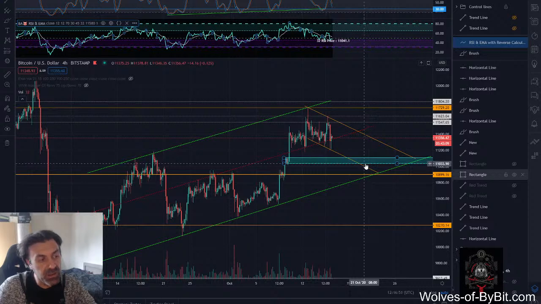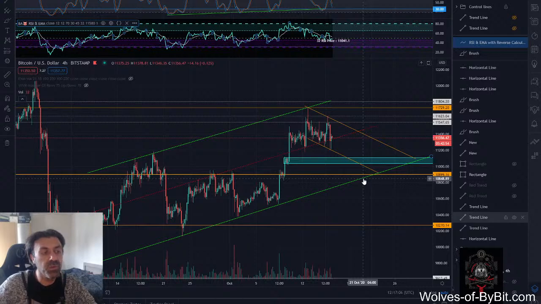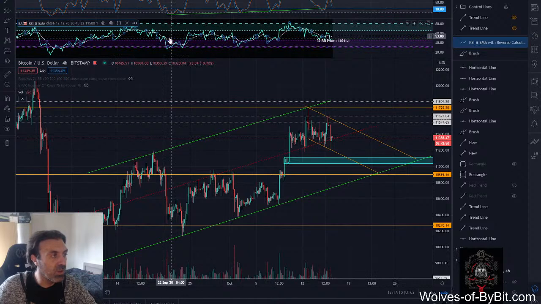If we test the bottom of this box, it's a go. It's a good one. Everything below here, as long as we don't break the green line, I think we should be fine. We should be expecting a strong move up.